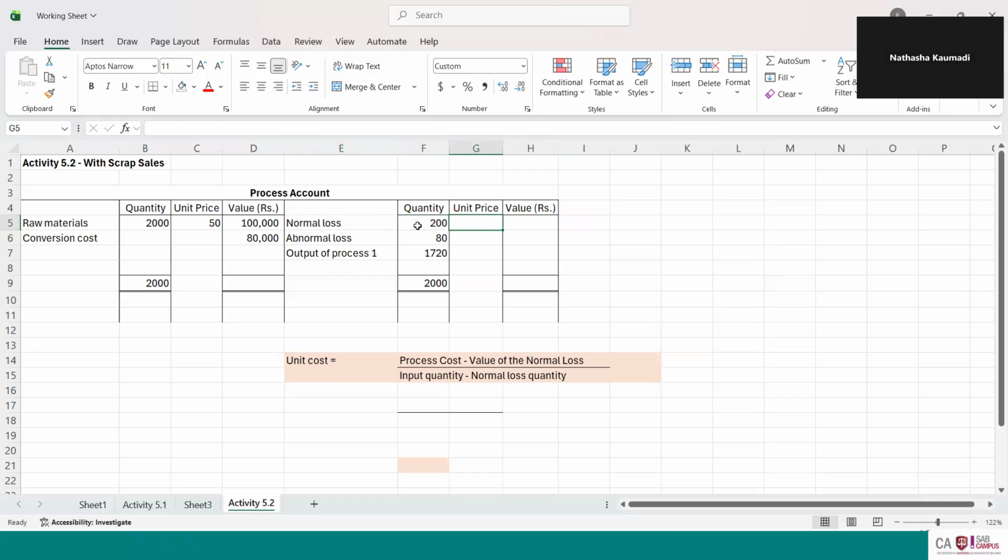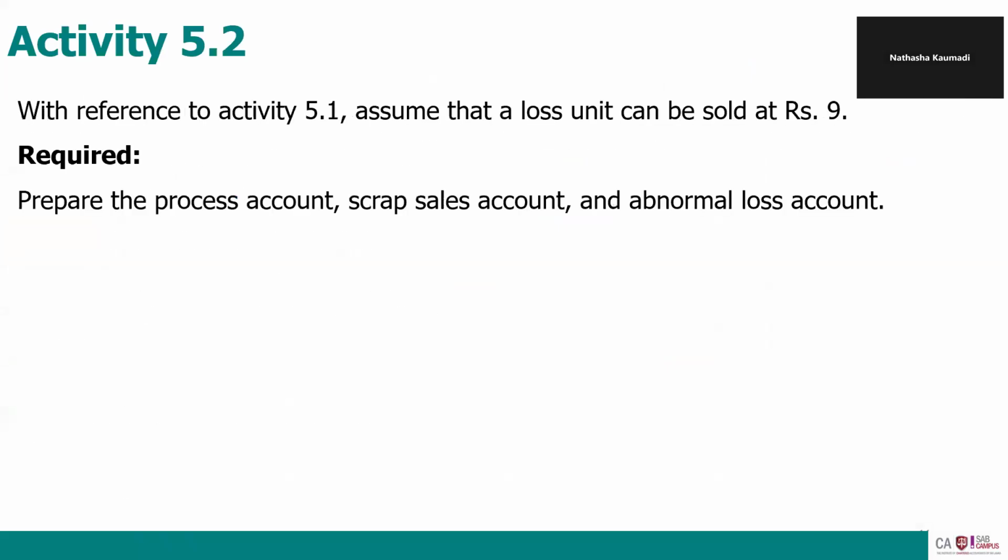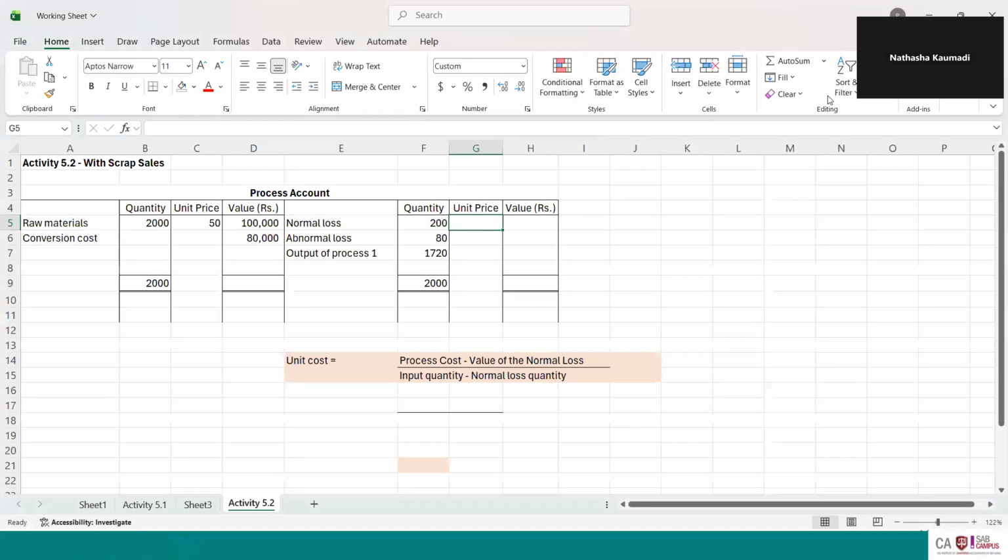Now, in that case, how much is the 1 kilogram price of scrap sales? 9 rupees. See? So I'm writing 9 here. So when you are doing your working, it's very important. Make a note. 9. And then obviously you can calculate the value. 1800, right?